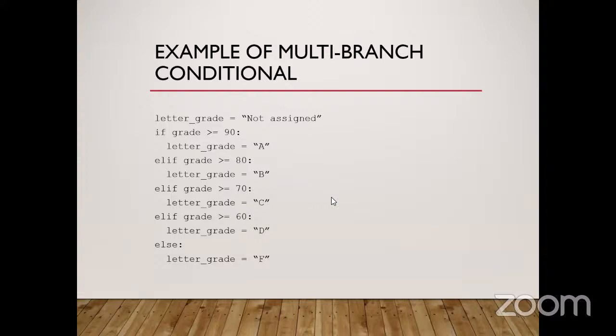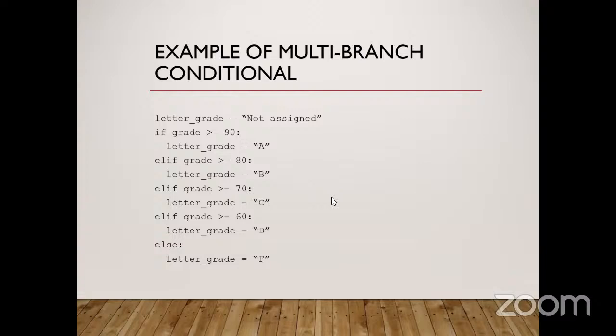So back to our letter grade one. Once we know what the score or the numeric grade for a student is, it's going to go through this. So if I have somebody give me a number. 30. Okay. So it's going to come through and it's going to test, 30 is greater than or equal to 90.